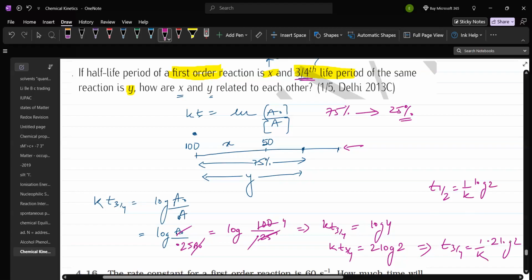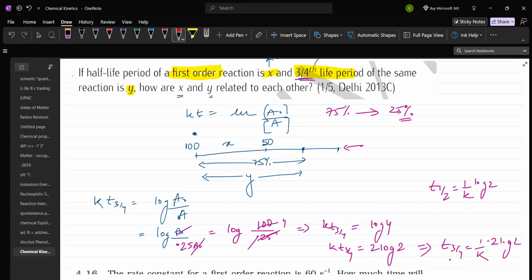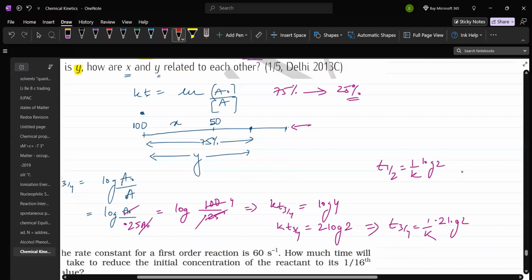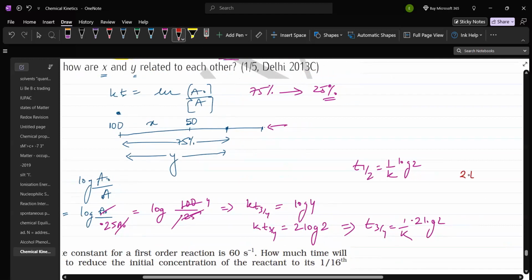Yes, sir. So finally we can say that 2 times t half is t 3 by 4. Understood? Yes, sir. So 3 by 4 was represented by y and t half was represented as x. So this is the answer.